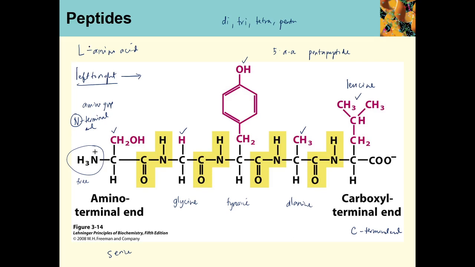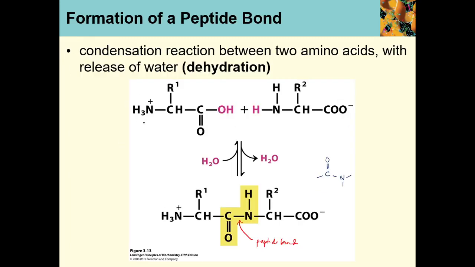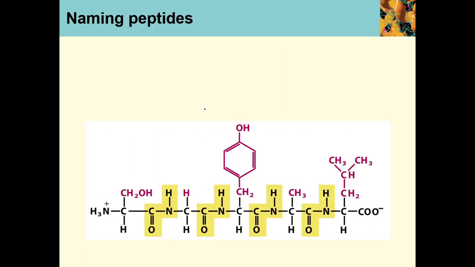So only L amino acid, because of the proper orientation of the amino group and the carboxyl group. So going back, you always locate the N-terminal residue for naming your peptide.